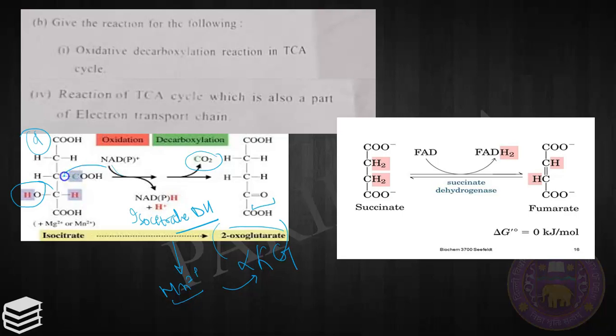This COOH molecule is released as carbon dioxide.